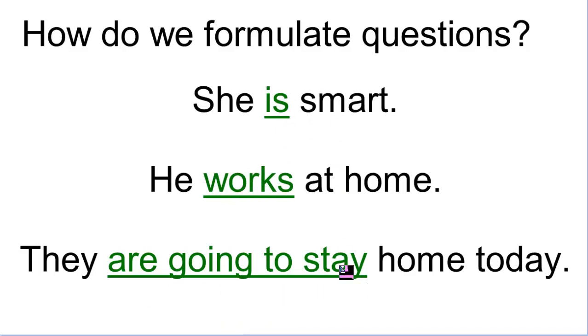Each of these sentences is in a different tense. This is the simple present with the verb to be. This is the simple present with other verbs. And this is the be going to for the future. So remember, you can formulate questions in any tense. There is no limitation about that.